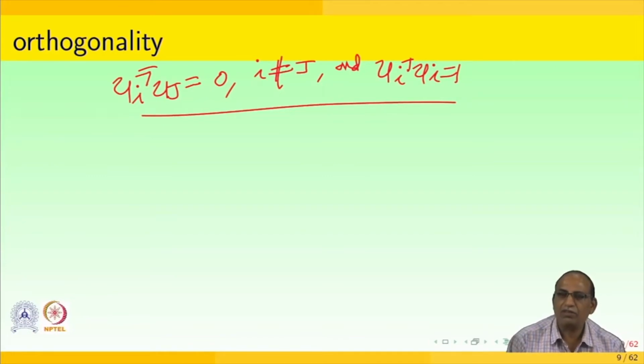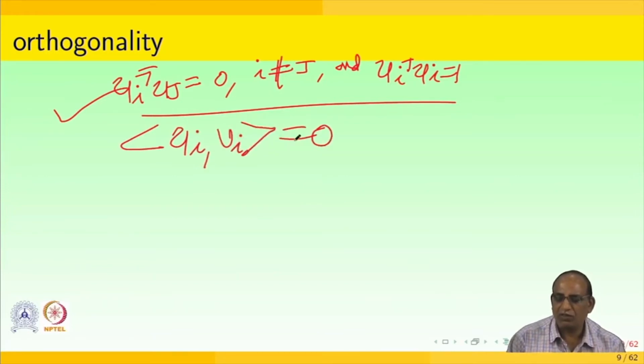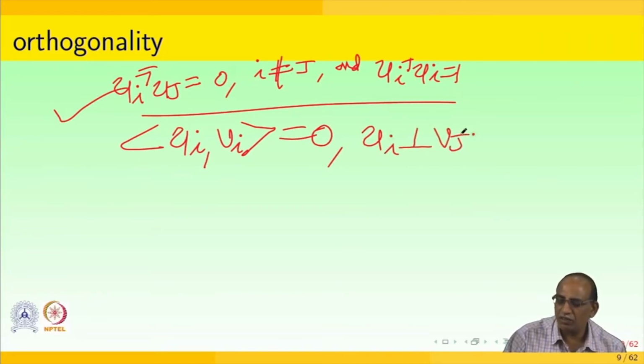So for these vectors, we call this the orthogonal property. When you talk in terms of inner product, later on we will discuss, the inner product of u_i and v_j, if it happens to be 0, then we say that u_i is perpendicular to v_j.